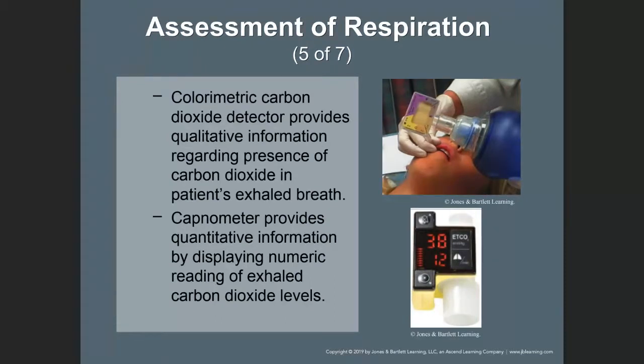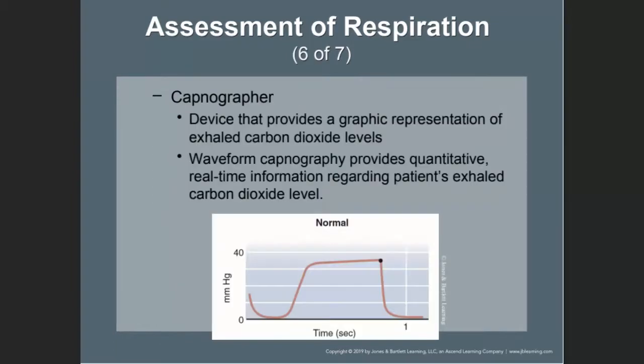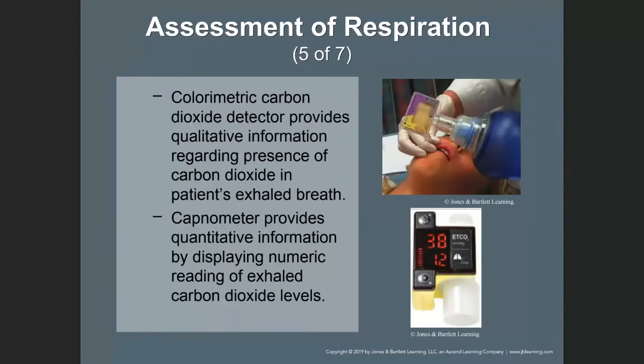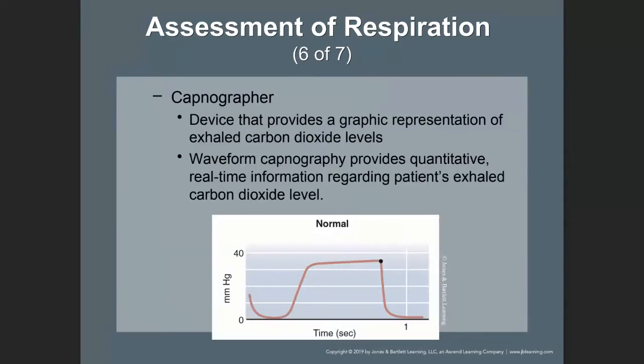And capnography combines both numeric and waveform, which is the best method. So this is the gold standard, capnography. Even if you start off with colorimetric or capnometry, eventually you have to switch to capnography.